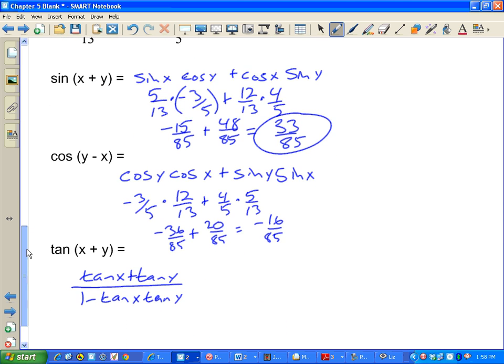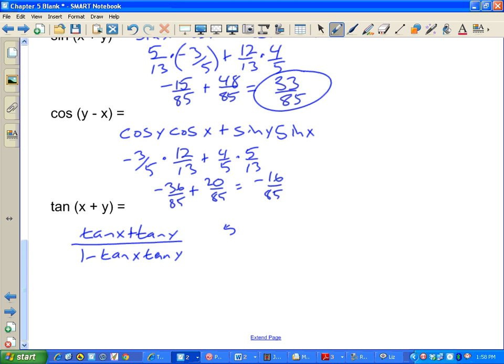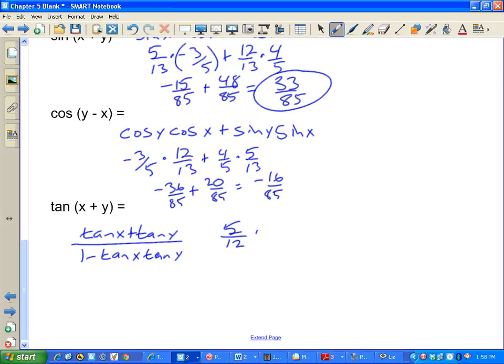So we're going to have tangent of x is 5/12. Tangent of y is negative 4/3. One minus these things multiplied together.